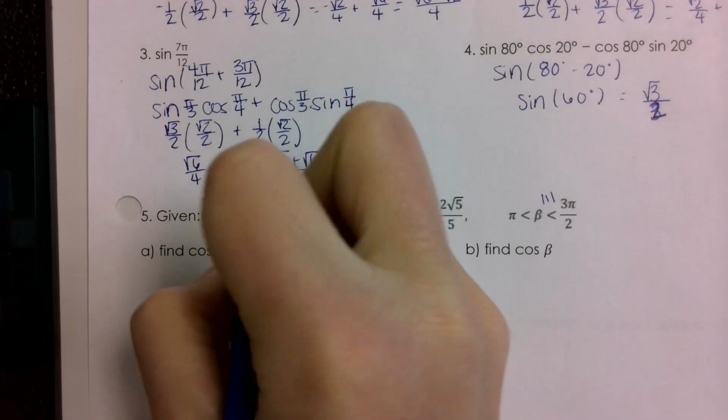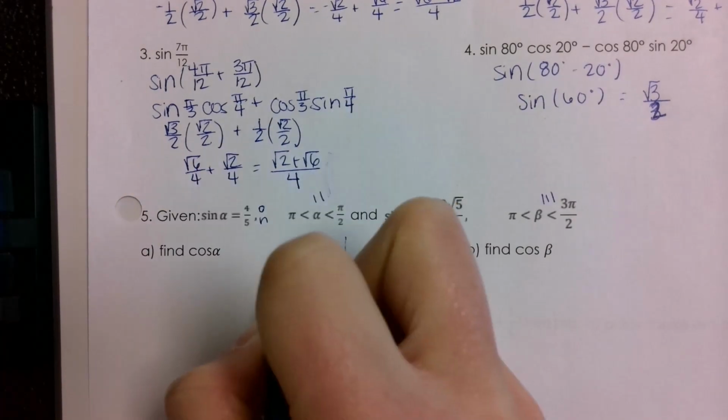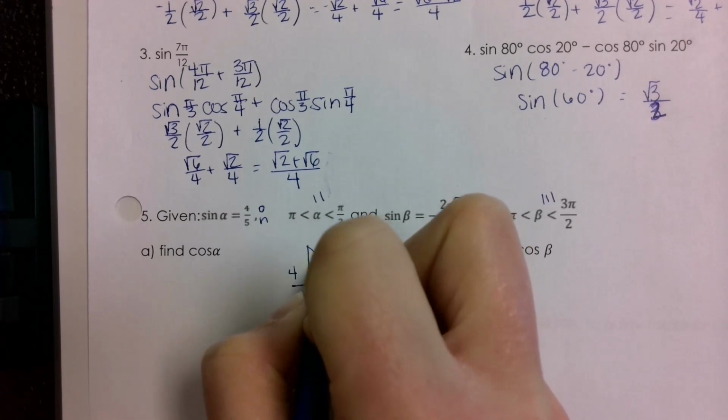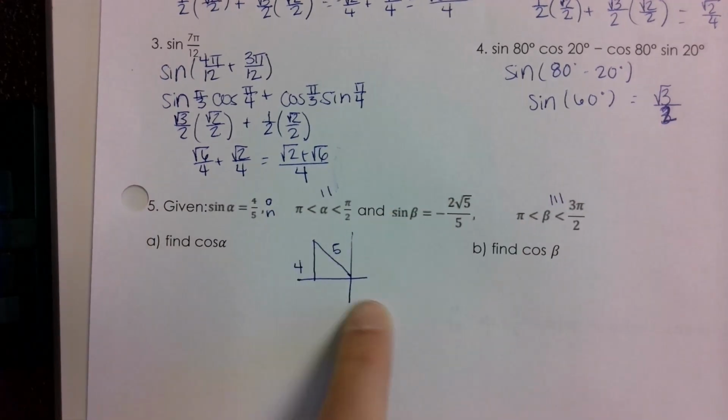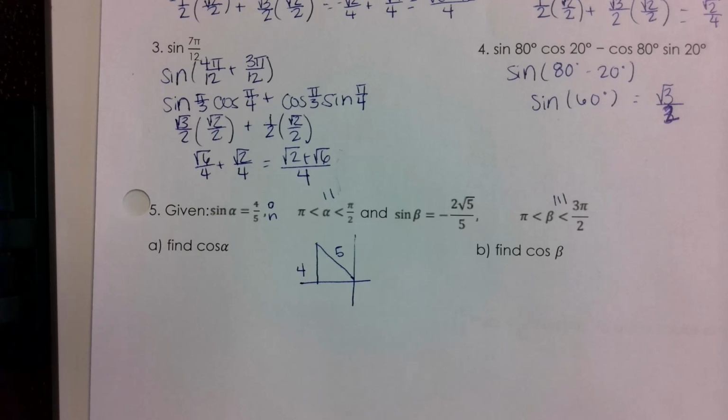So we know the opposite is going to be 4, and your hypotenuse is 5. What's our other side going to be? 3, right? That's that 3, 4, 5 triangle, a perfect Pythagorean triple. If you don't, memorize that real quick. So 3 and 4 for your sides, and 5 is going to be your hypotenuse. So is it going to be positive 3 or negative 3?